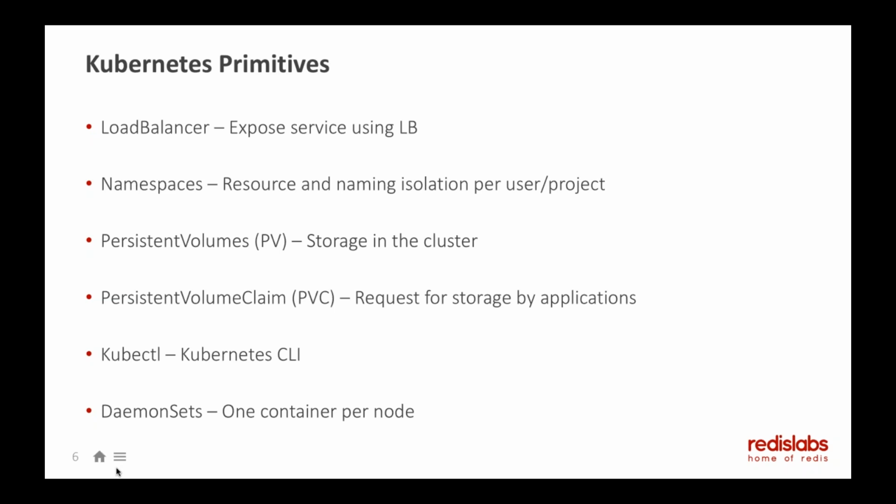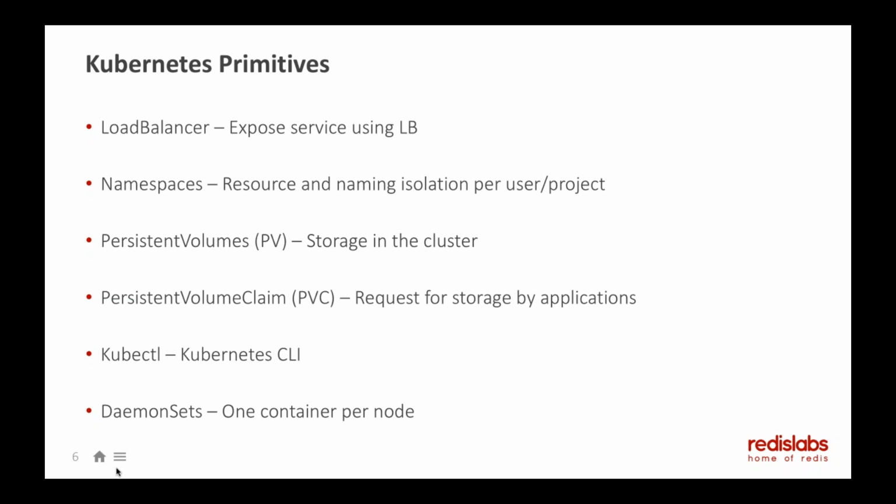So what is PVC, or persistent volume claim? Well, the idea is in the earlier step, persistent volumes, you're defining storage, and then each application in their deployment will make a claim for a slice of that storage. That's what a persistent volume claim is.